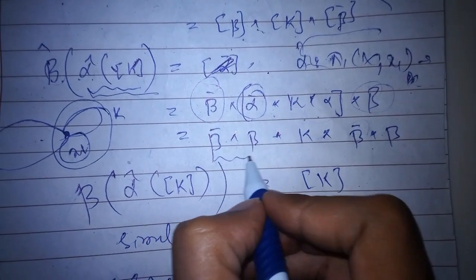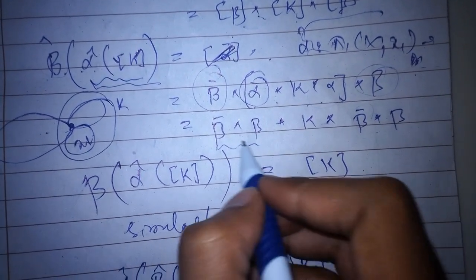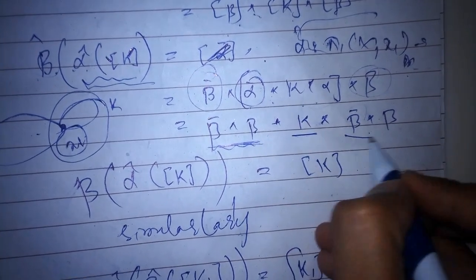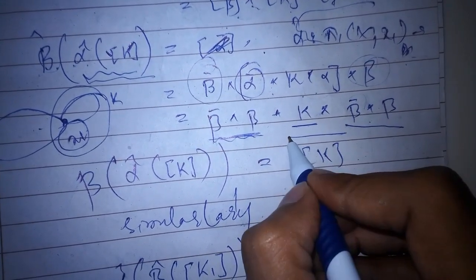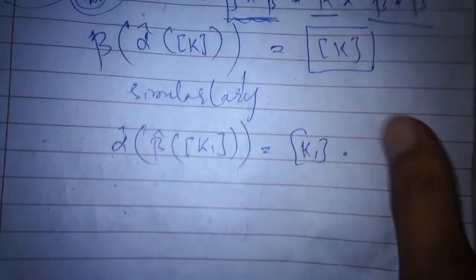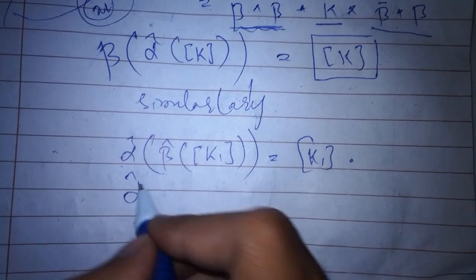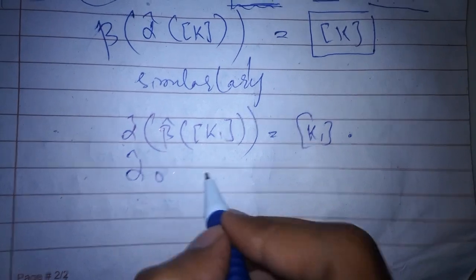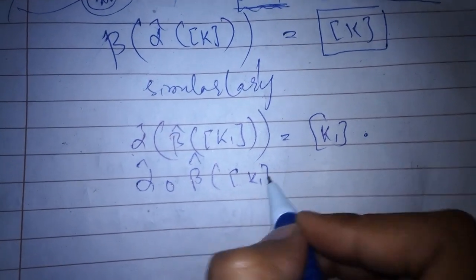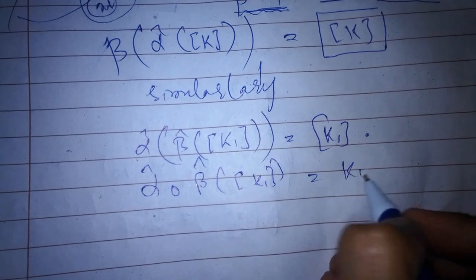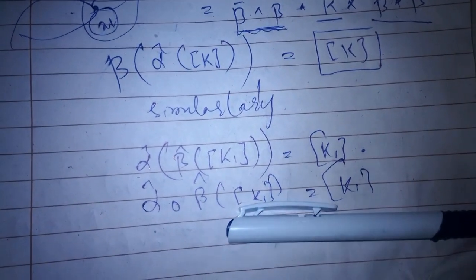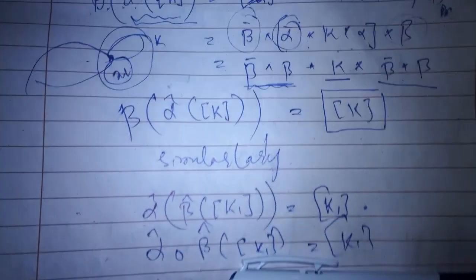So beta with beta bar is constant map, is identity. Then here is also identity. Then we will get k. Similarly, if we compose alpha cap with beta cap of k1, we will get k1. So this is the condition of isomorphism, because inverses exist.